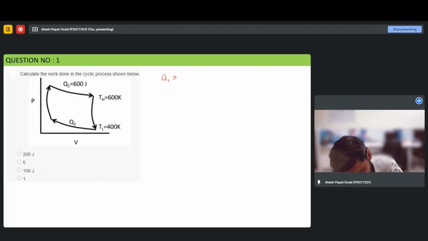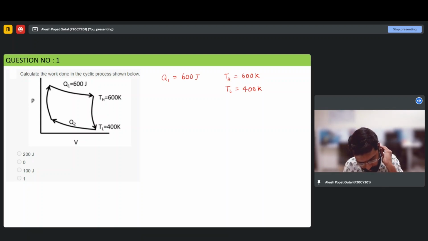Q1 is given as 600 joules, and the higher temperature is 600 Kelvin and the lower temperature is 400 Kelvin. So what we know about efficiency is that it is nothing but 1 minus the lower temperature divided by the higher temperature.